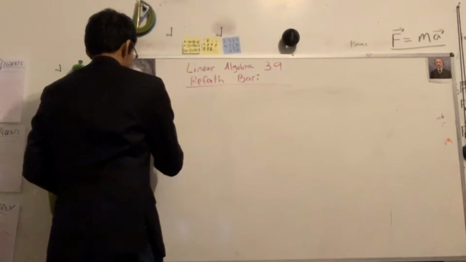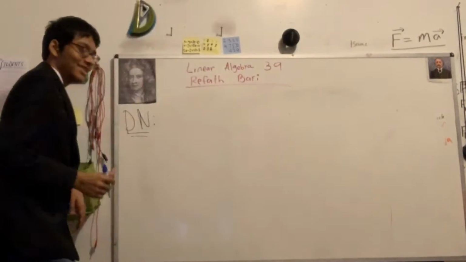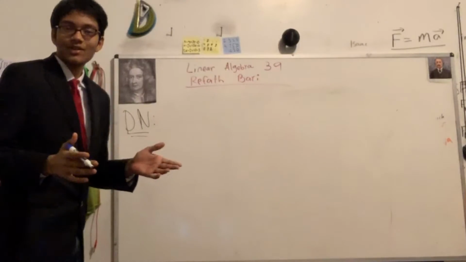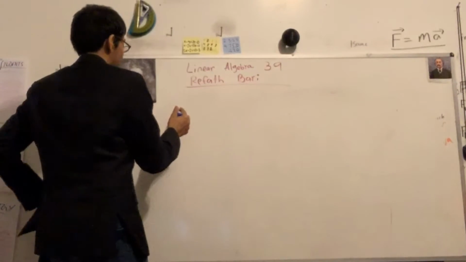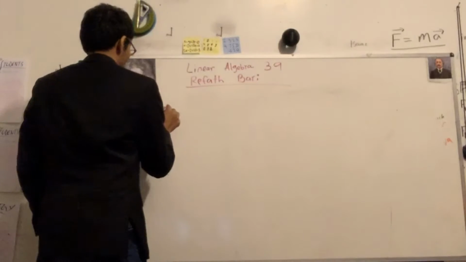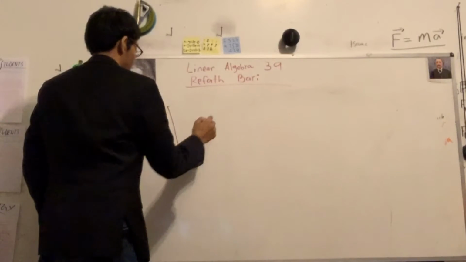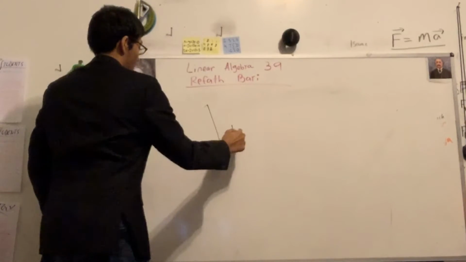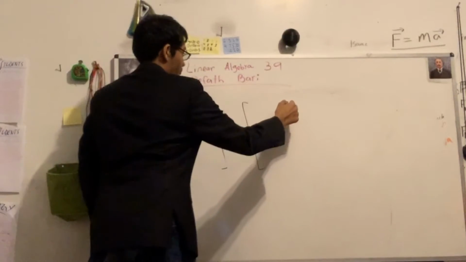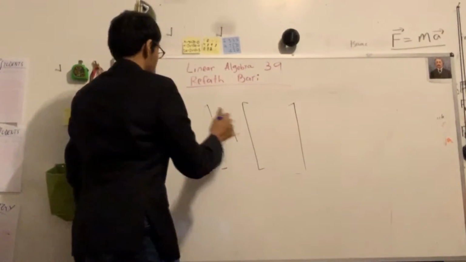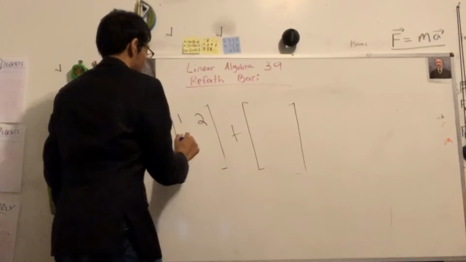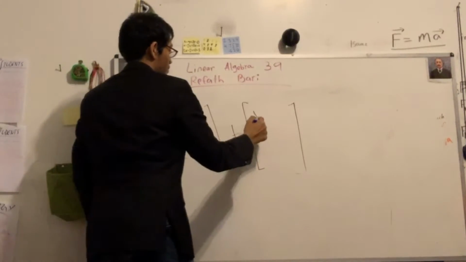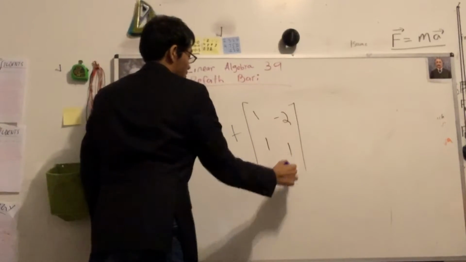Okay, so today's do now is basically a diagnostic. We're going to see how much you can do. Matrix A is 1, 2, 3, 4 and matrix B is 1 minus 2, 1, 1.